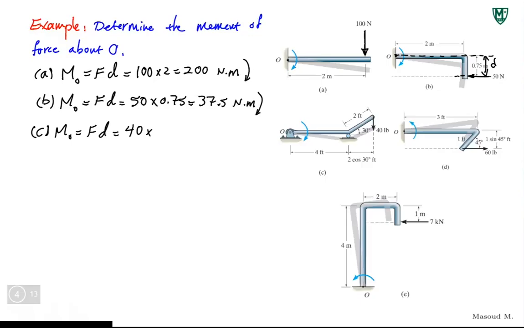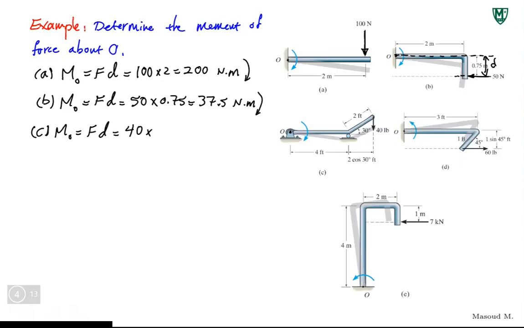I said something. It is 2 sine, well, 2 cosine, closer. Point O is here, right? I want to find the perpendicular distance.